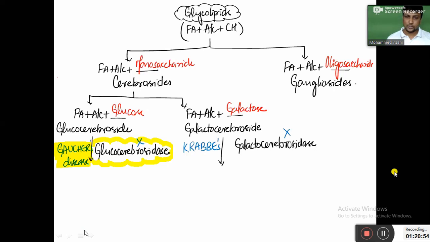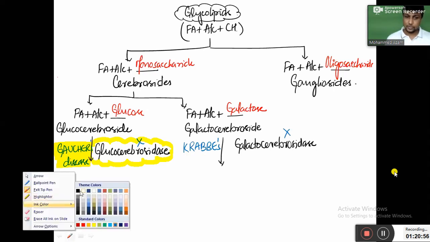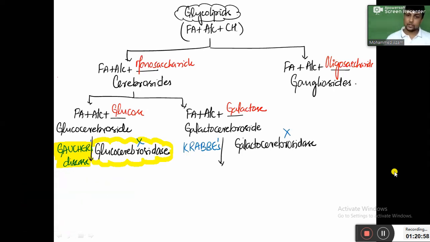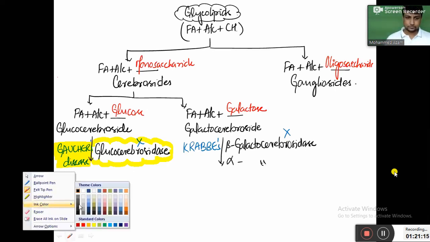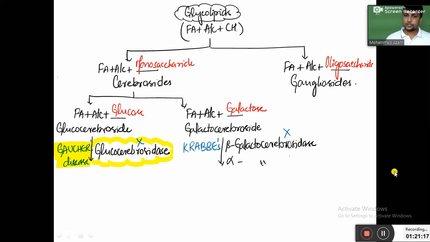Now there's a small thing to be added here, guys. Remember, the galactocerebrosidase enzyme will be of two types: one is beta, another one is alpha. Beta galactocerebrosidase deficiency, Krabbe's. If there is a deficiency of alpha galactocerebrosidase, it will lead to a disease known as Fabry's.